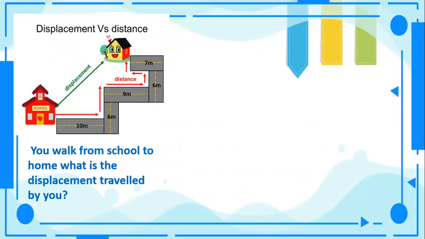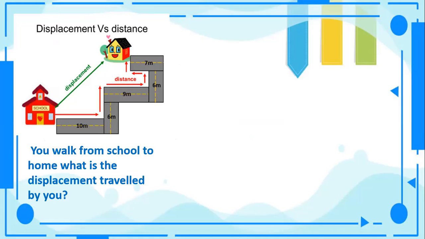Another example. You walk from school to home with a distance of 10 meters to the east, 6 meters to the north, 9 meters to the east, 6 meters to the north, and 7 meters to the west. So what is the displacement traveled by you?